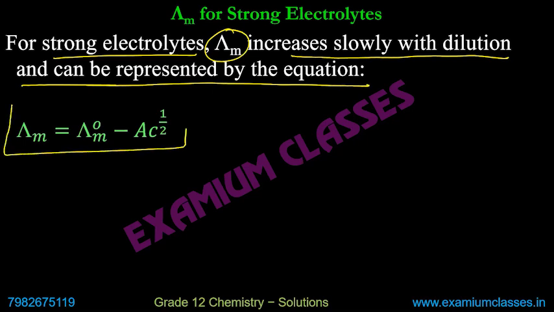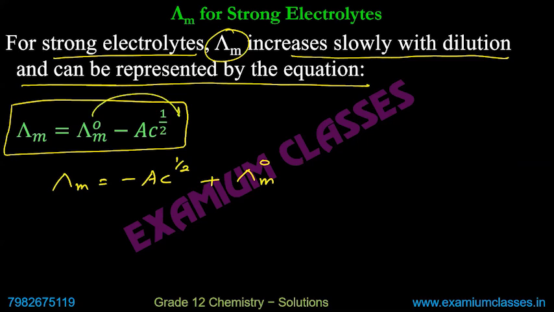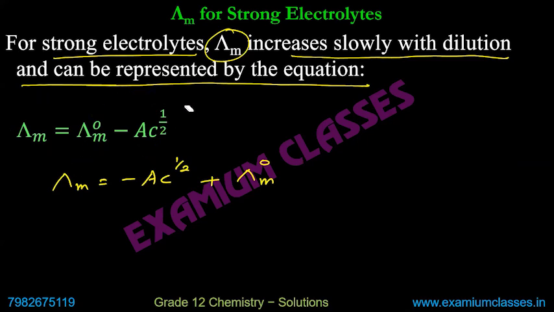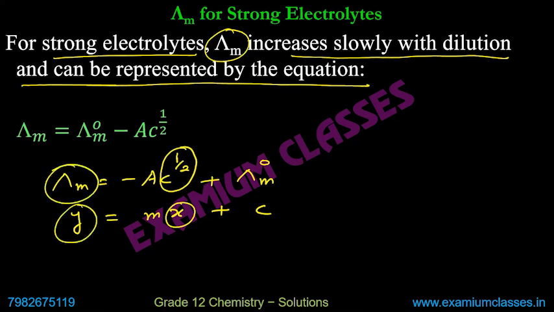Now, if you see, this equation is of the form lambda m equals minus A C to the power 1 by 2 plus lambda m naught. I have moved lambda m naught here and this one here. Now, if we compare it with y equals mx plus c, it means on the x-axis I have square root of C, on the y-axis I have molar conductivity.